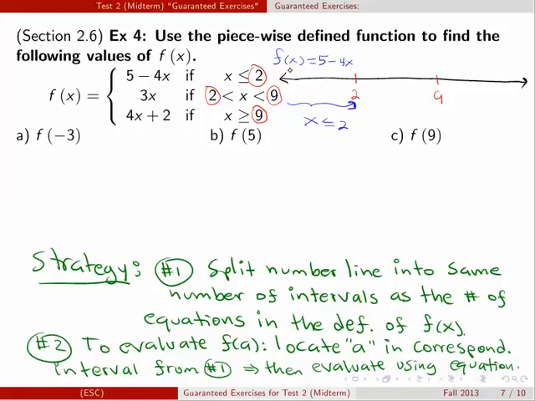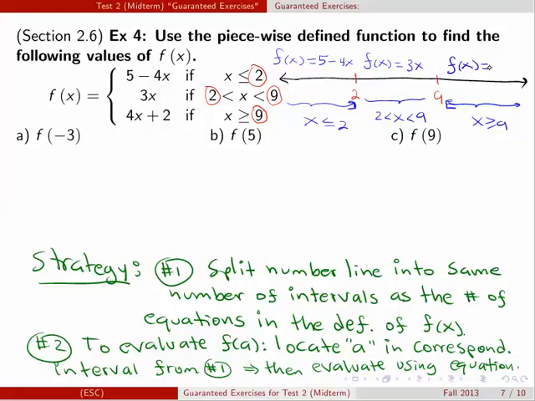For numbers x bigger than 2 and less than 9, we plug the x number into the equation f of x equals 3x. And last, for numbers bigger than or equal to 9, we use this interval, and for these numbers we use the last equation, x plus 2.